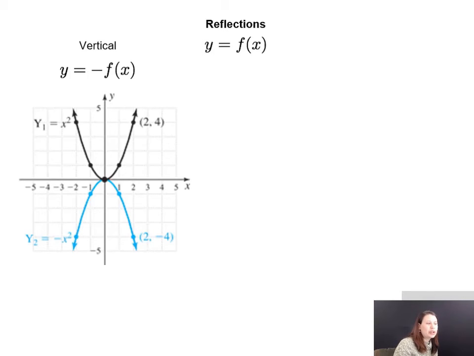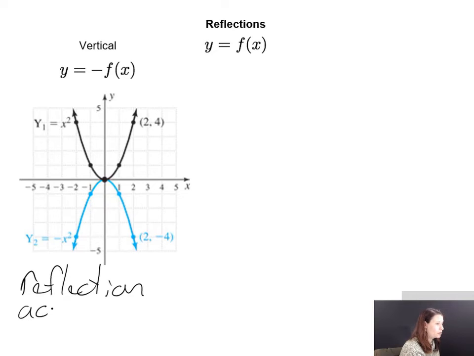So you're doing it like this. Literally, it's vertically reflected, so that means up and down reflected. Vertical reflection is a reflection across the x-axis. Ooh, this is too early in the morning to spell for me. I'm sorry. Across the x-axis.